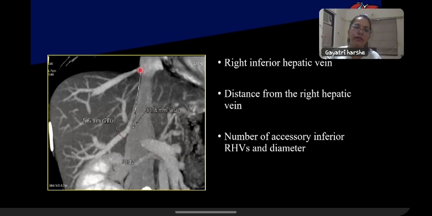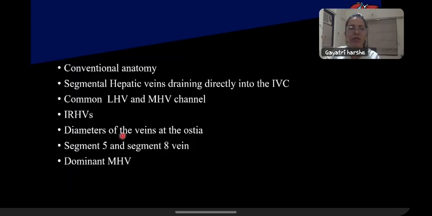What we need to know is the distance between the RHV and IVC confluence and the right inferior hepatic vein, because if they are going to graft this vein on the IVC of the recipient, then they need to know this particular distance, the number of accessory hepatic veins, and what the diameter of the accessory hepatic vein is, whether it is dominant. If it is less than 2.5 millimeter, then it is not actually grafted.